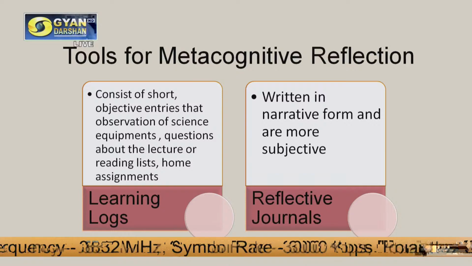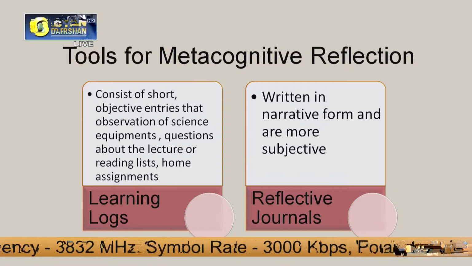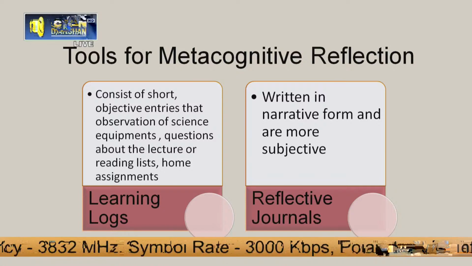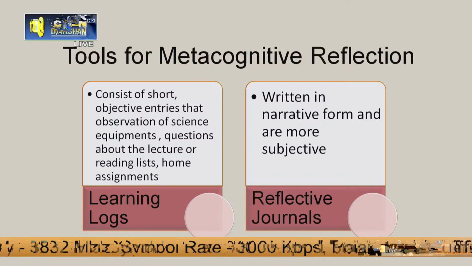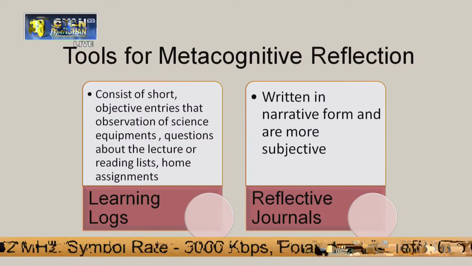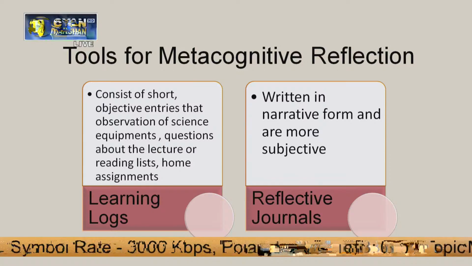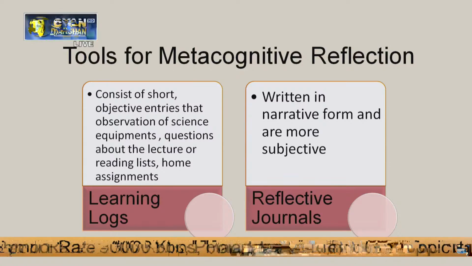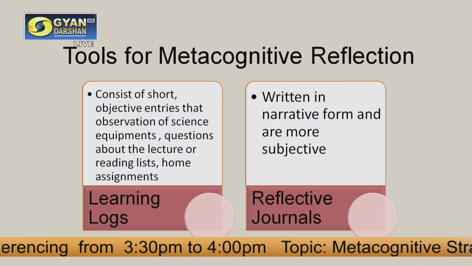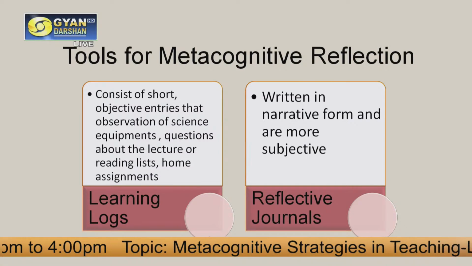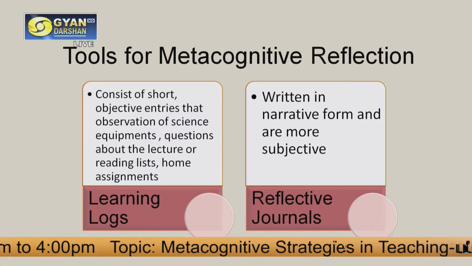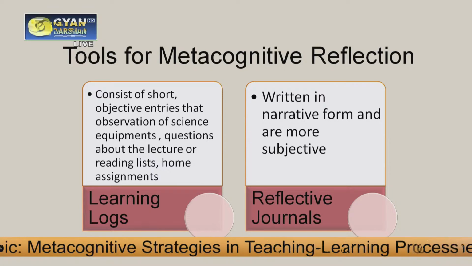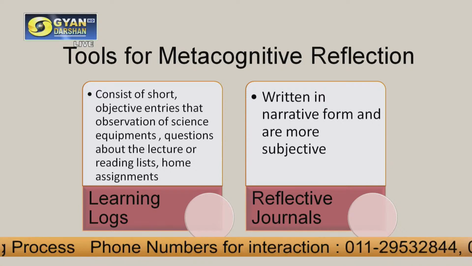They consist of short objective entries, like observation of some science equipment or field notes, questions about the lecture or reading list, the home assignments where it includes some innovative way of resolving the problem. And the reflective journal is written in narrative form and is more subjective. So here is the reflection of the learner.